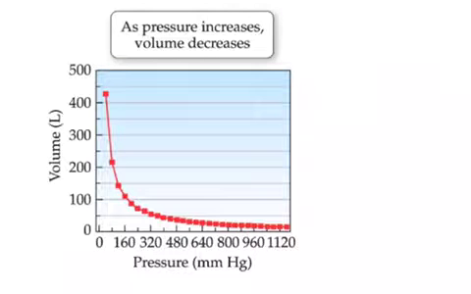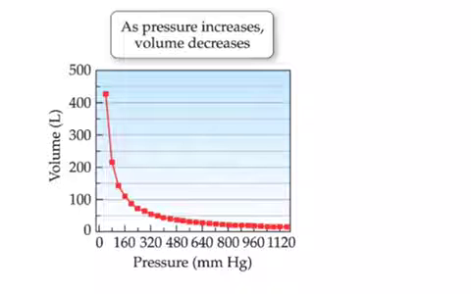Here's a graph that illustrates that. Notice on the x-axis, as the pressure is increasing, notice on the y-axis, the volume is going down. So you'll see the inverse relationship that this graph illustrates. So as pressure increases, volume is decreasing.